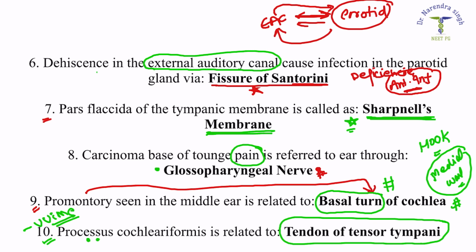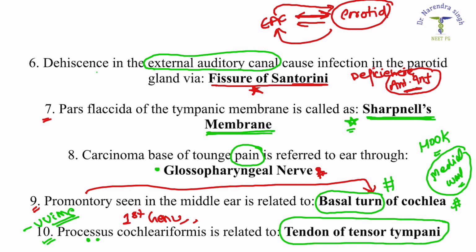The second clinical significance of processus cochleariformis is that it acts as a landmark for the first genu of the facial nerve, which is present above the processus cochleariformis.